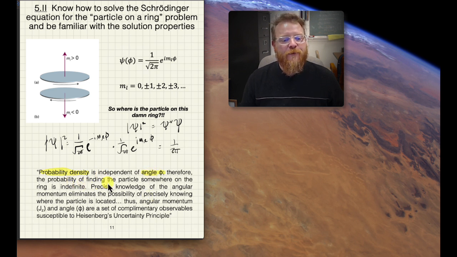Therefore, the location of the particle on the ring is indefinite. Precise knowledge of the angular momentum eliminates the possibility of precisely knowing where the particle is located. Thus, angular momentum and angle are complementary observables subject to the Heisenberg uncertainty principle.